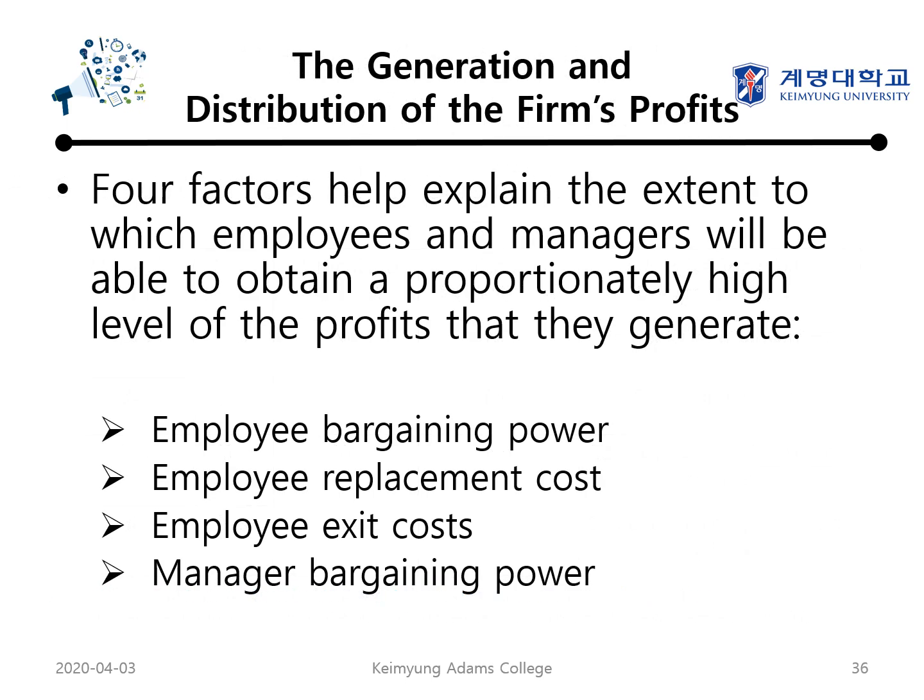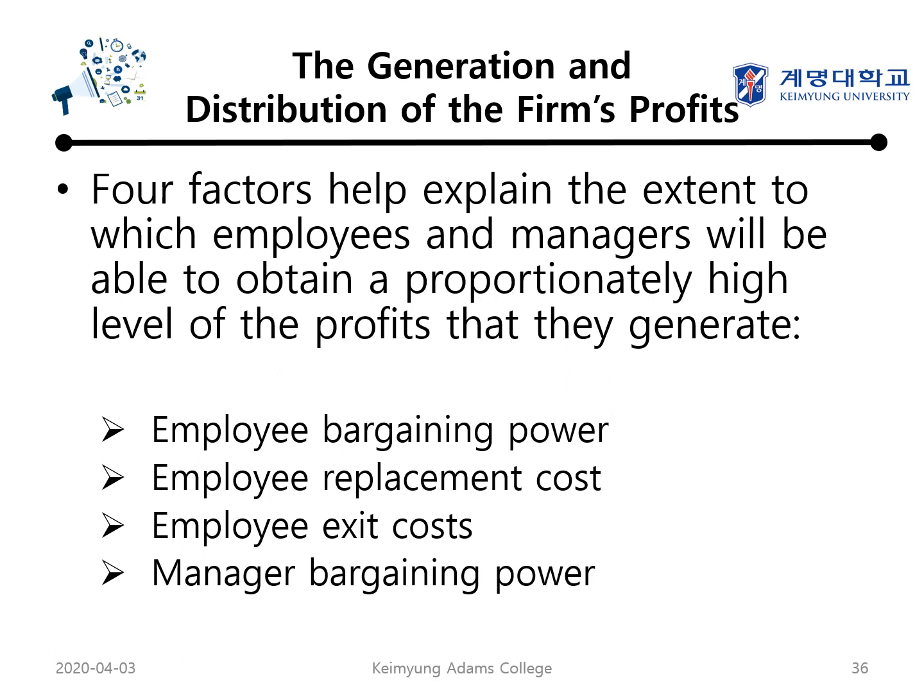The key point in this section is that even though a firm may have a source of competitive advantage that appears to satisfy the four criteria for sustainability, some or a good deal of its profits may be retained or appropriated by its employees or managers instead of going to the owners or shareholders.